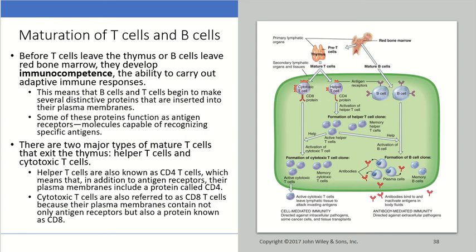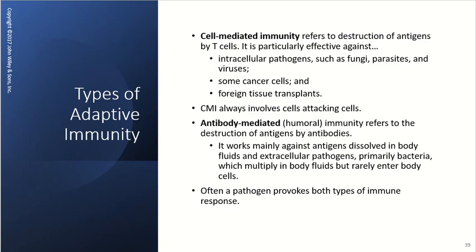Our cytotoxic T cells are also referred to as CD8 T cells, and this is because their plasma membranes are going to not only contain those antigen receptors, but again, a protein that's known as CD8. And so this is where we get those names again. So looking at the different types of adaptive immunity, like we mentioned, we've got cell-mediated and antibody-mediated immunity.